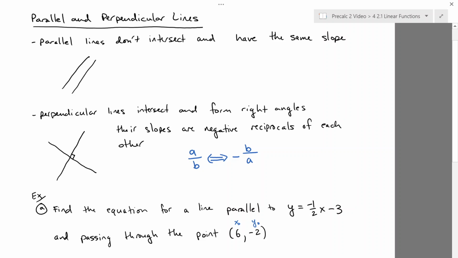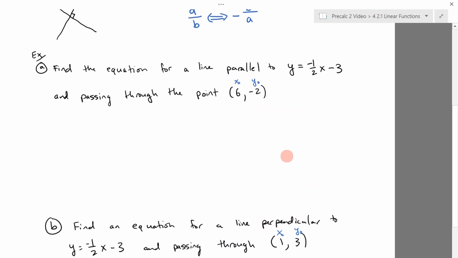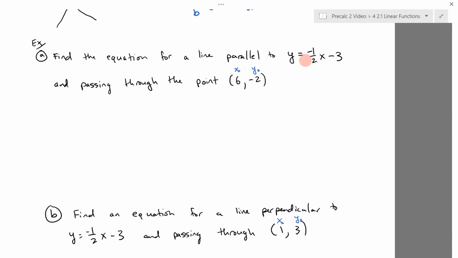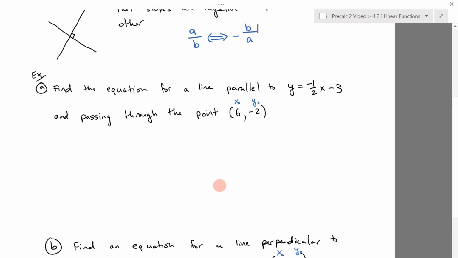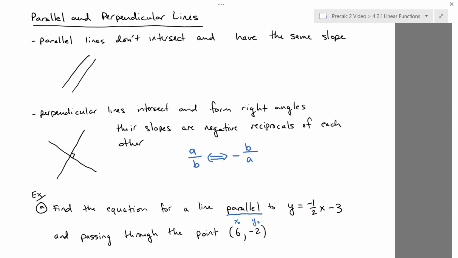Okay, so let's look at some examples. In the examples at the bottom of this page, we have the equation for a given line. Part A wants you to find a line that's parallel to it, and part B asks you to find a line that's perpendicular to it. Let's do part A first. Part A is asking for a parallel line, and we know a parallel line has to have the same slope.